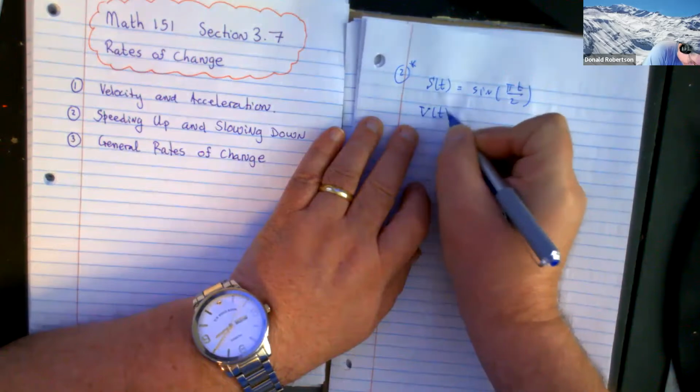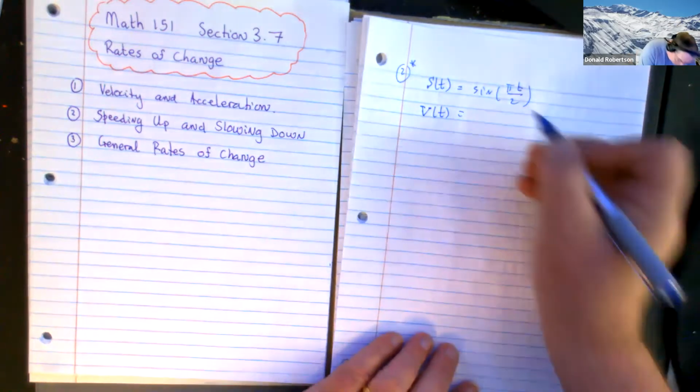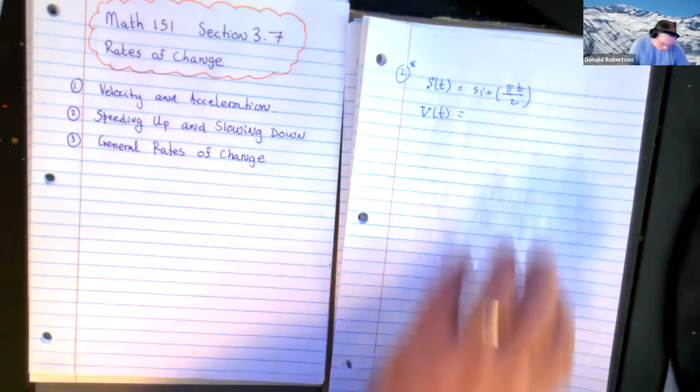You want the velocity? You can differentiate that. That we should be good at. Yeah, we should be good at it, but there's so many techniques that you've learned that sometimes you have to think a little bit about how I'm going to do this one.